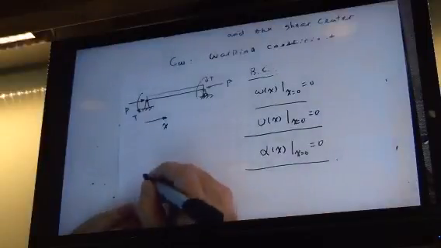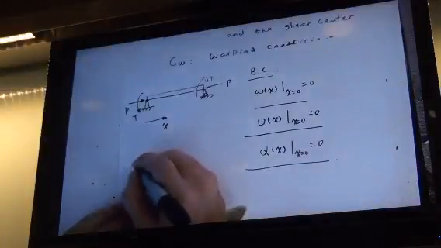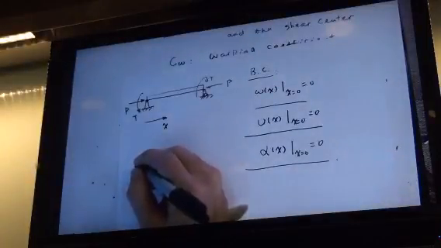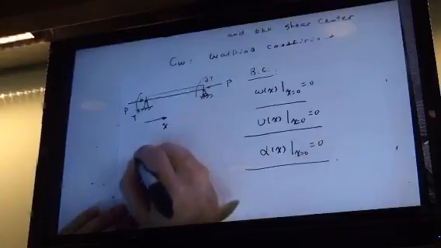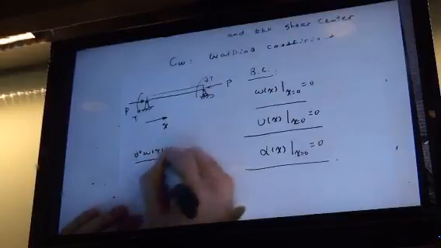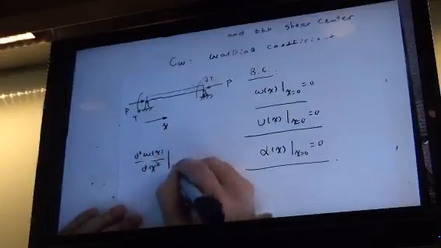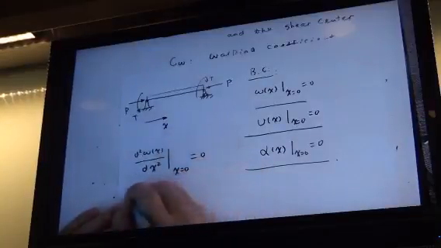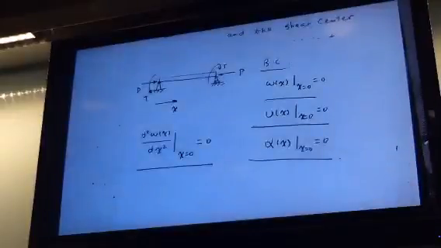And these are the first three sets of boundary conditions, and then we have another three sets. The second derivative of W with respect to x. How come we have this boundary condition? Second derivative is related to the moment. This means the moment about the z-axis at this point will be 0.